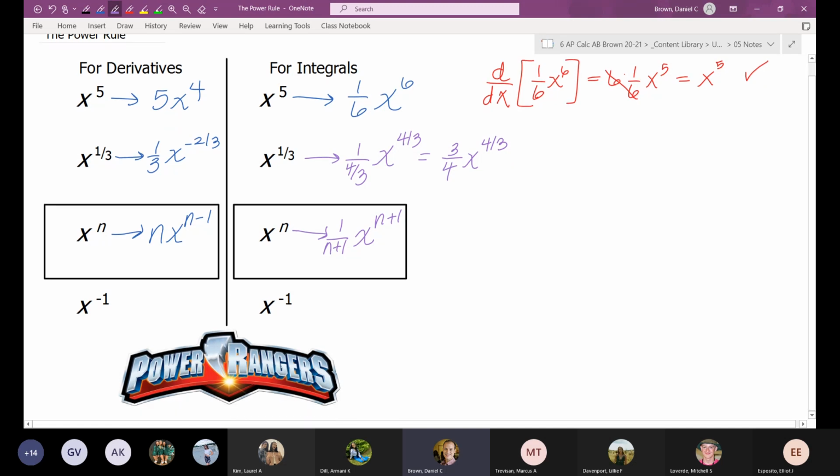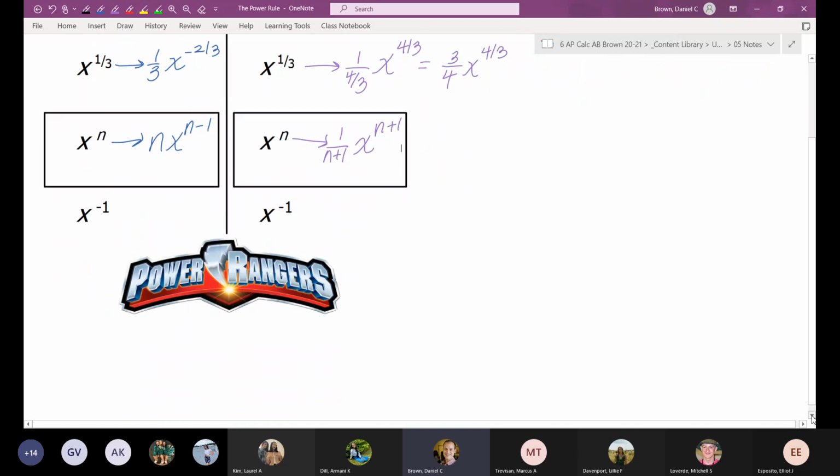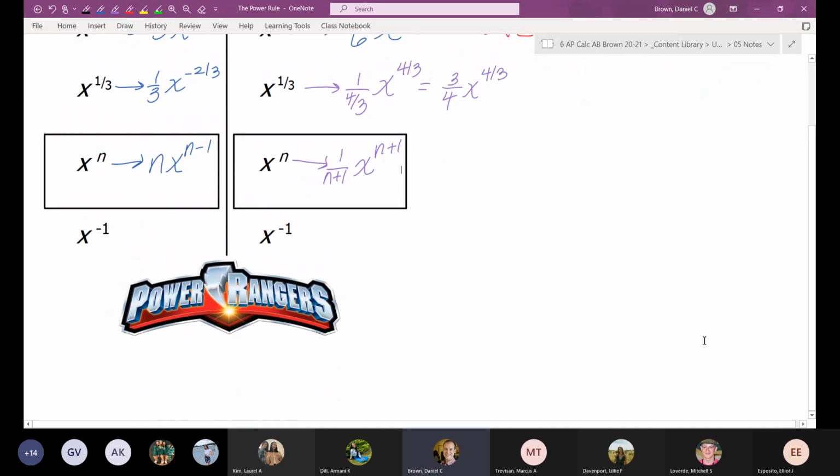You do have to be careful with one thing about the power rule, in that it doesn't work for one case, and that's when you have a -1. It does work when you do the derivative: -1 comes down in front, and that becomes x to the -2. It doesn't work when you do the integral, because if you add 1 to -1, you get 0, and then you have 1 over the new exponent, or 1 over 0.